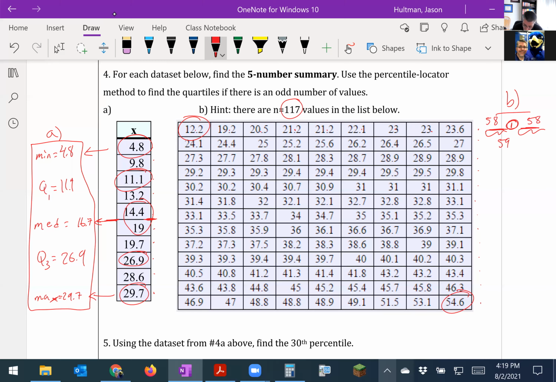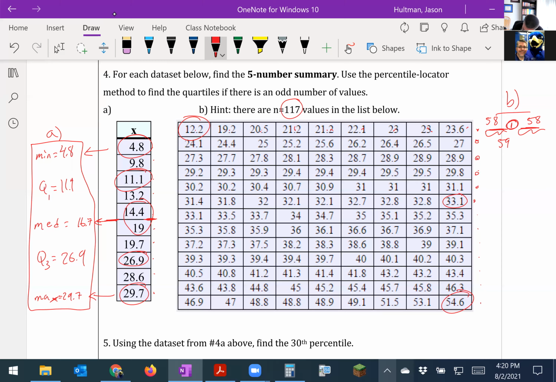So the 59th value is going to be my median. Okay, so what's that going to be? Again, I have rows of 9, right? 1, 2, 3, 4, 5, 6, 7, 8, 9. Yeah. So rows of 9, and I know that 9 times 6 is 54. So let's go down 6. 1, 2, 3, 4, 5, 6.